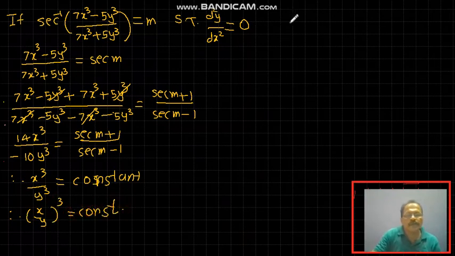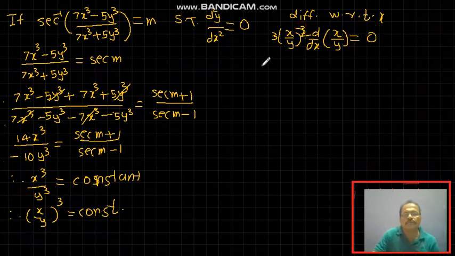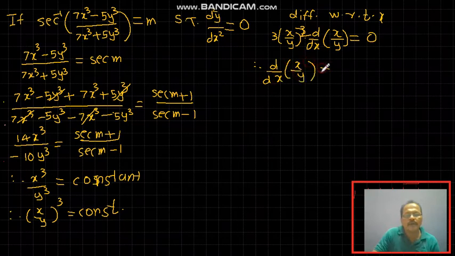Now differentiating with respect to x, we get, now bracket cube derivative is 3 into bracket square into derivative of bracket with respect to x, x upon y is equal to derivative of constant is 0, and therefore d by dx of x upon y is 0.